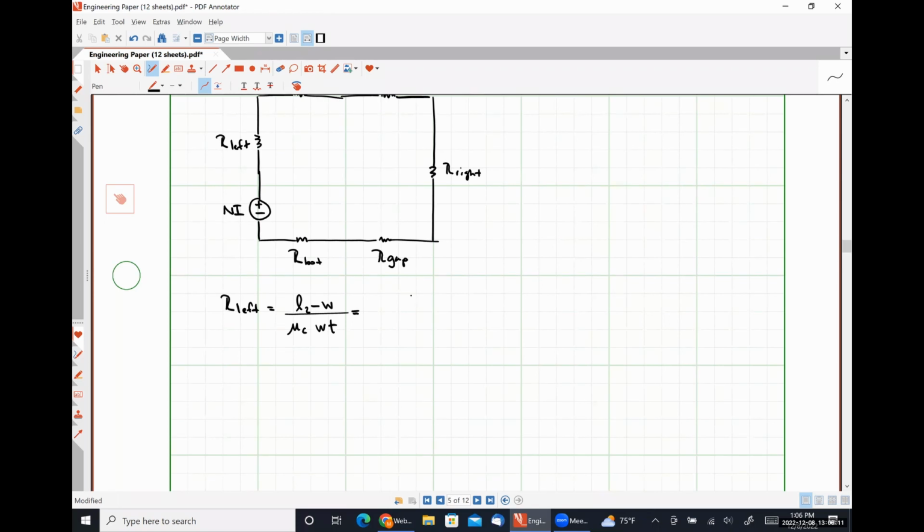So this is going to look like 4 centimeters minus 1 centimeter, divided by 1,000 times 4 pi times 10 to the minus 9 henries per centimeter, excuse me.